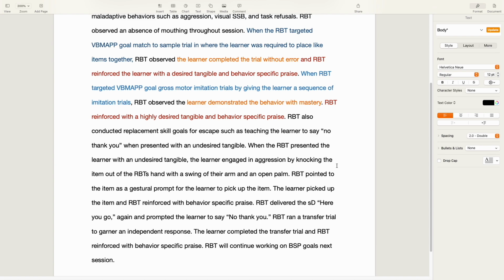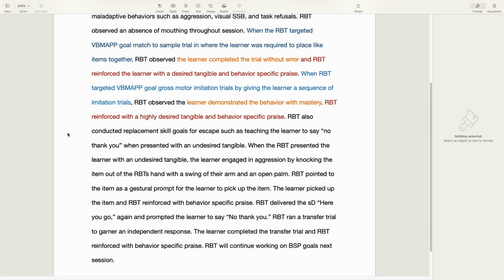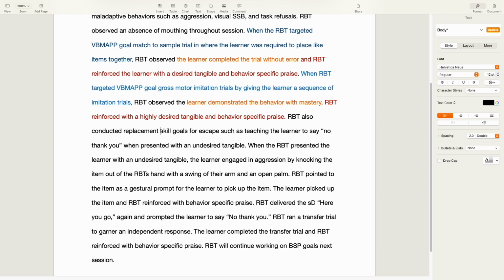Medicaid providers only want the therapist to focus on replacement skill goals rather than skill acquisition goals. Skill acquisition goals are things that the learner learns, right? Well, I suppose replacement skill goals are also learning. Replacement skill goals you would do to teach your learner to behave appropriately, right?